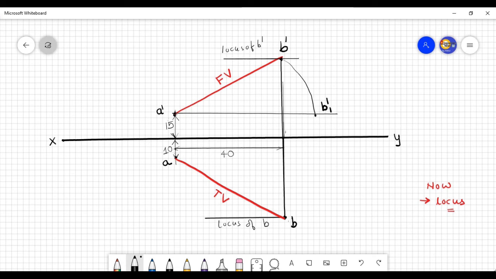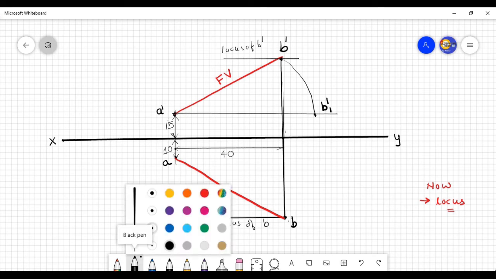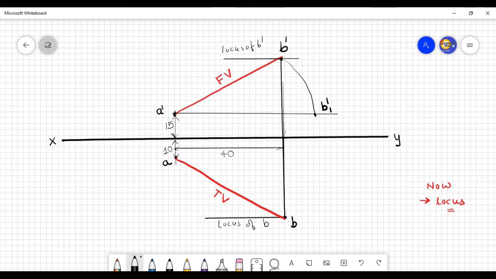That arc is the locus of B dash, and it will intersect somewhere on the horizontal line, which gives the first type of front view projection. That's why it's B1 dash.